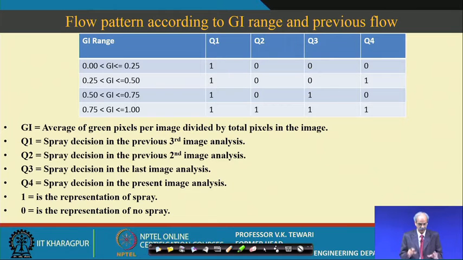Those who have an idea about image processing will be able to understand this. What we are saying is that we have the different images which we get here, and spray decisions.